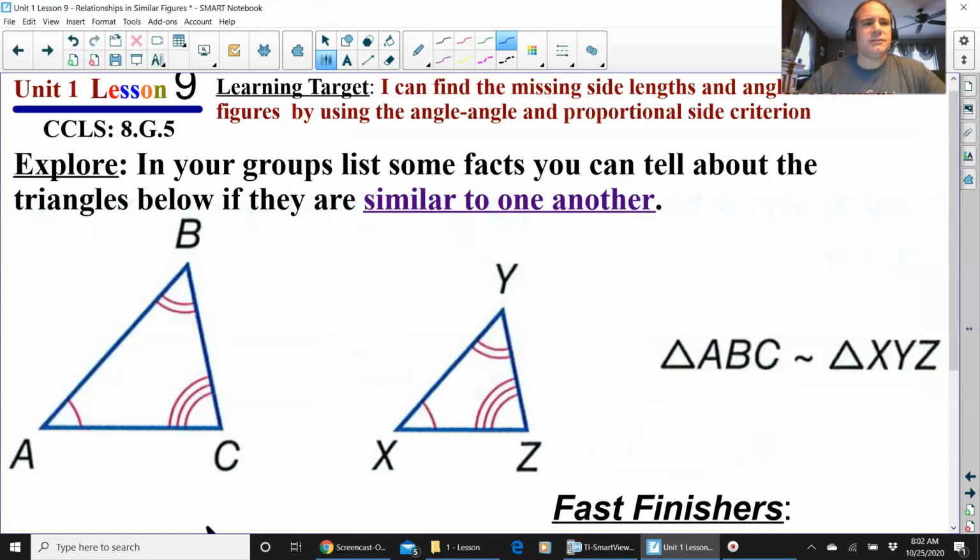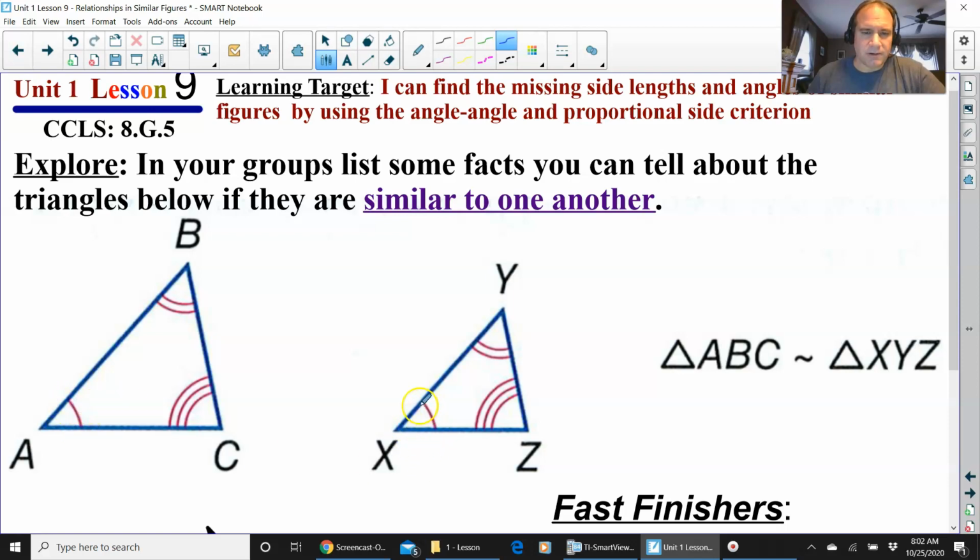So for the next page, it says exploring new groups, some facts that you can tell about the other triangles if they are similar to one another. All right. So let's just take a look at angle A. You see this little part of a circle here? That says this is the measurement of A, whatever it is. See this?